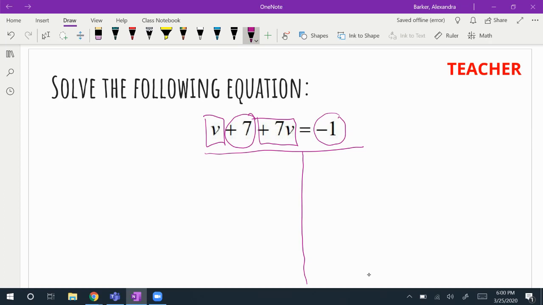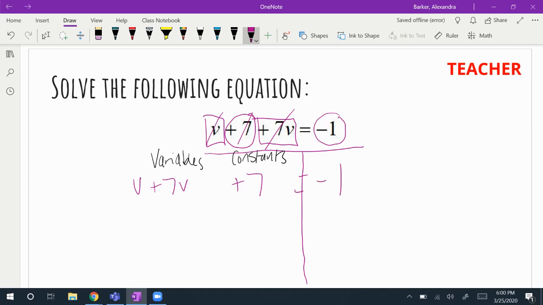So I'm going to put my variables in one area. So here are my variables, and here are my constants. On this side of the equation, I have 2 variables. I've got v, and I've got plus 7v. So I'm going to put those together. Then I'm going to keep this constant right here, plus 7 equals, and over here I've got -1.